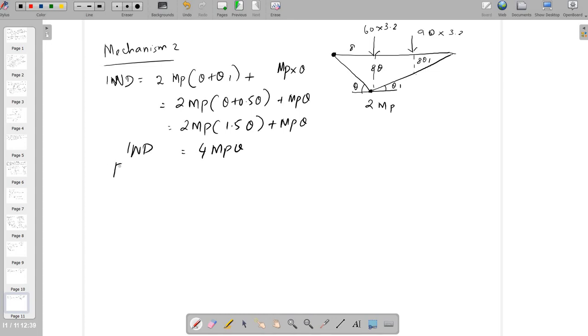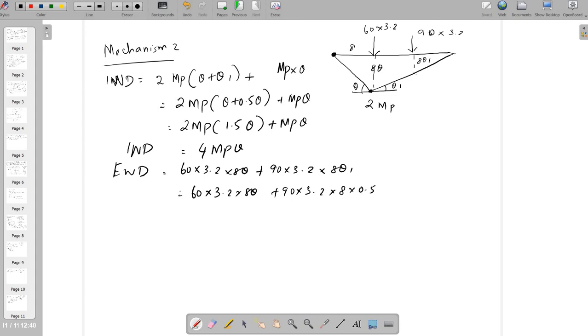So the external work done, load into deflection. So 60 into 3.2 into 8 theta plus 90 into 3.2 into 8 theta 1. Here also we can substitute 90 into 3.2 into 8 into 0.5 theta.